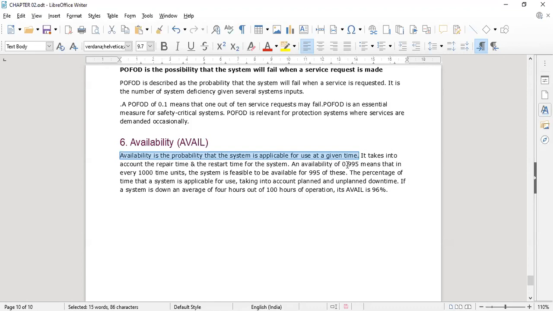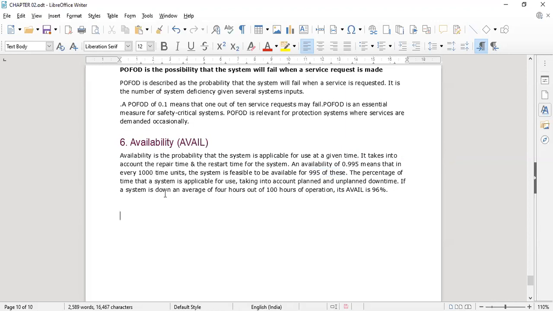An availability of 0.995 means that in every 1000 time units, your system is available for 995 of them. It is the percentage of time that a system is available for use, taking into account planned and unplanned downtime.